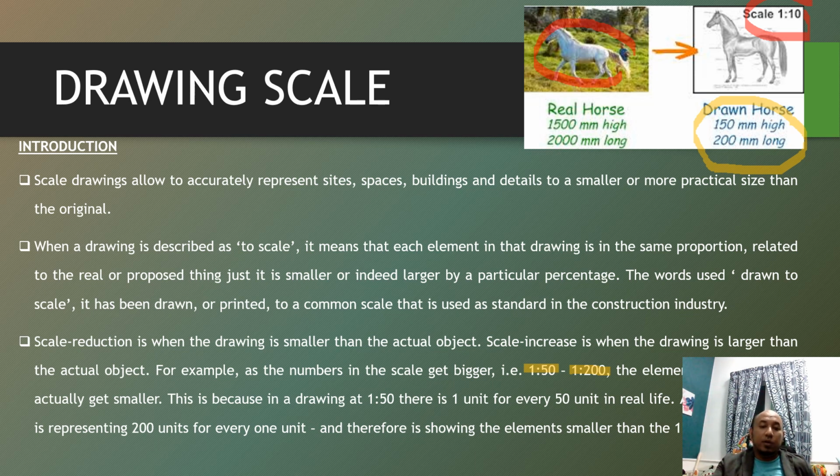This is because at 1 ratio 50, there is 1 unit for every 50 units in real life. A drawing of 1 ratio 200 represents 200 units for every 1 unit, and therefore shows the elements smaller than the 1:50 drawing.